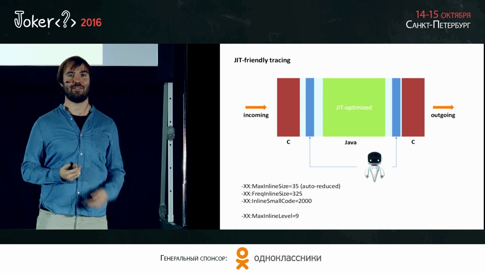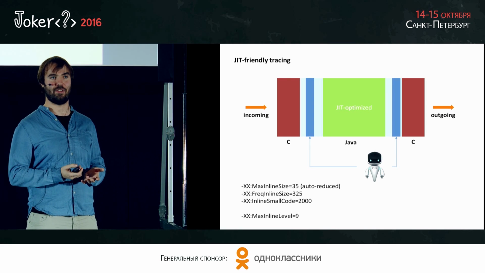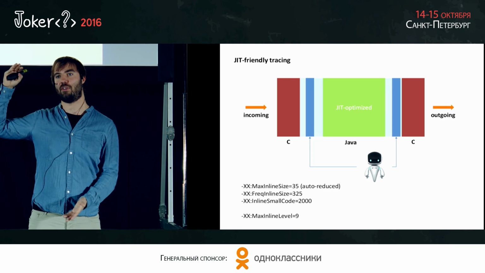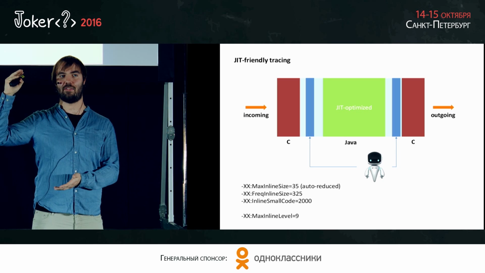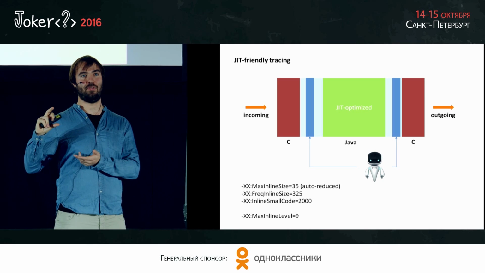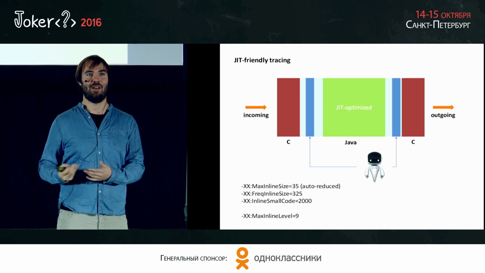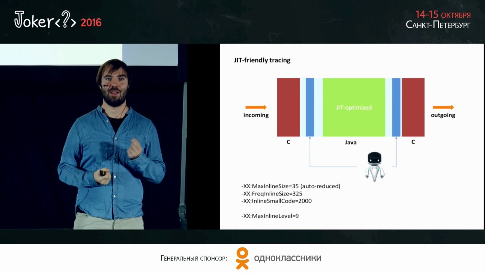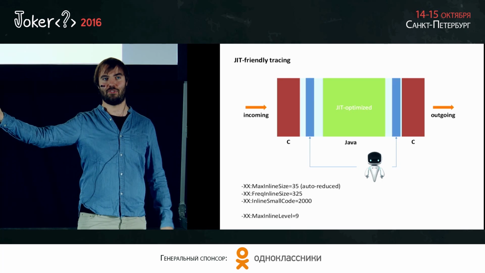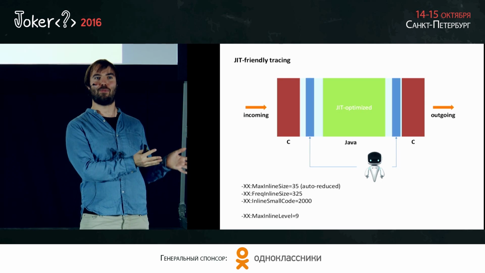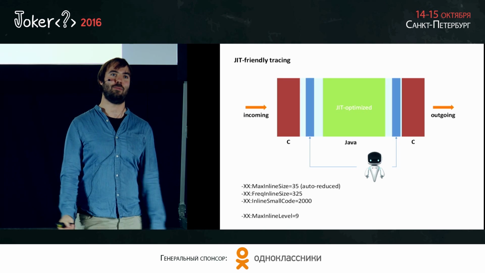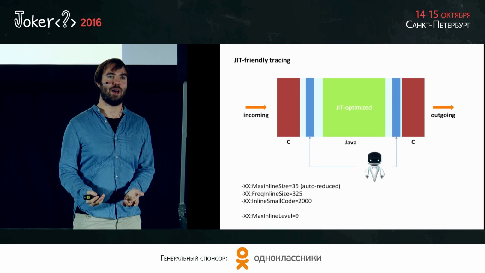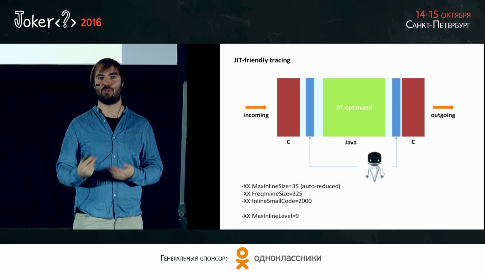And the JIT works with heuristics, right? So big methods aren't optimized as easily as small methods. And by copy-pasting code, you often turn small methods into big methods. So if you just go over some threshold somewhere, you might turn a really performant app into a really poorly performing app, and you might not even understand why. It's simply because you're beating these heuristics.